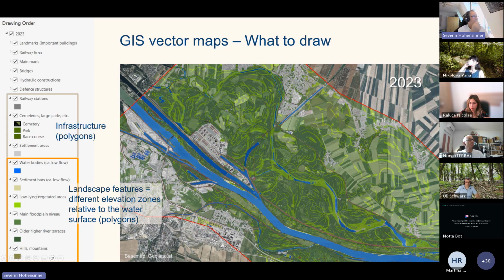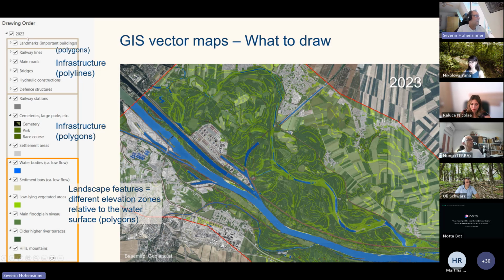Then we usually also map different forms of infrastructure in the form of polygons like railway stations, cemeteries, large parks, settlement areas. You can see the light gray areas here. Then infrastructure in the form of polylines, which are railway lines, main roads, bridges, hydraulic constructions, very important, defense structures, and landmarks, important buildings.